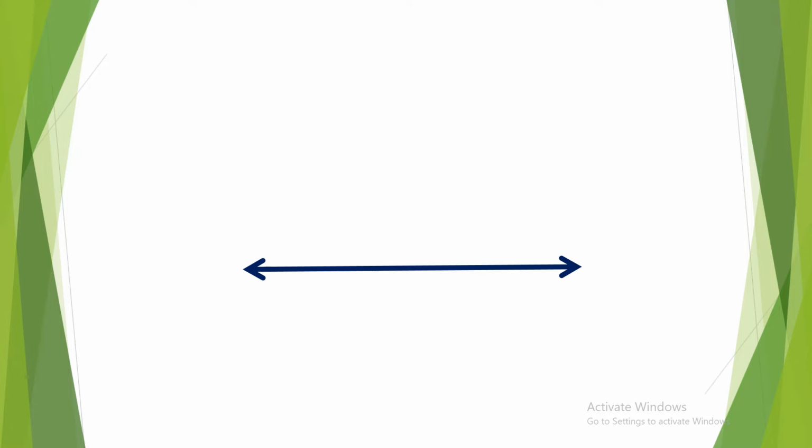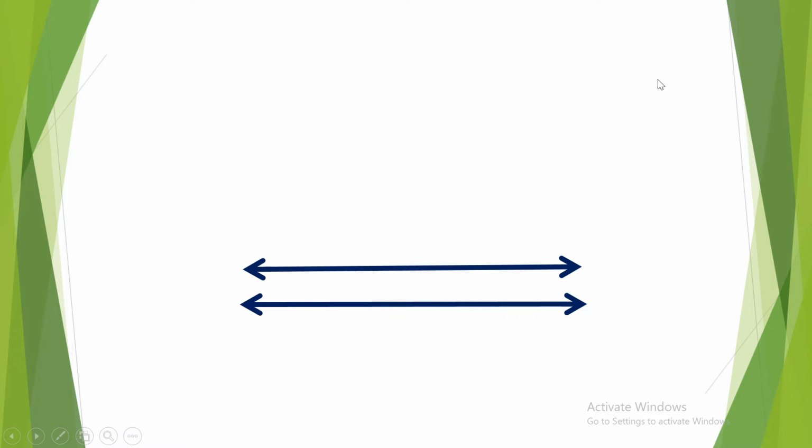Next, we have two lines here, which is similar to the third figure on our activity. Now, what do you think is the relationship of these two lines that do not intersect? It begins with letter P. Very good.